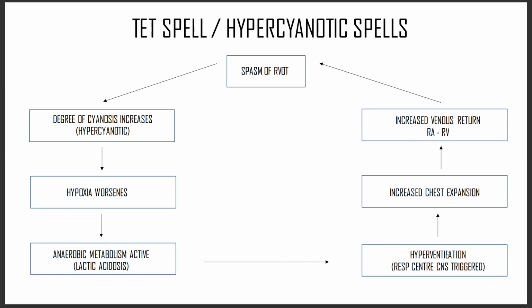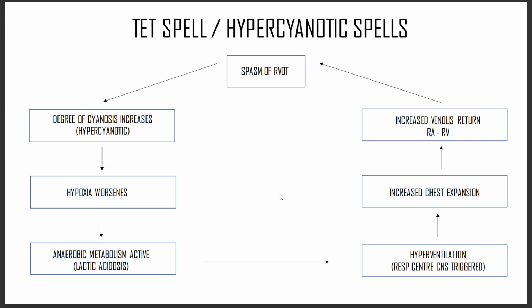This hyperventilation acts as a suction effect that results in increased chest expansion and increased venous return. Therefore, more blood is coming to the right atrium and then to the right ventricle, which again causes increased spasm of the right ventricular outflow tract, and again this vicious cycle. So that is the TET spells, or the hypercyanotic spells.